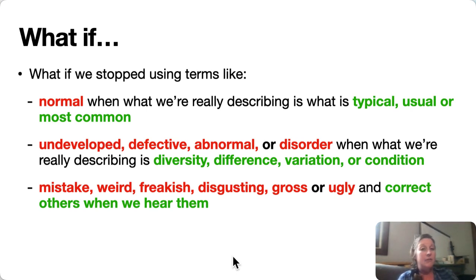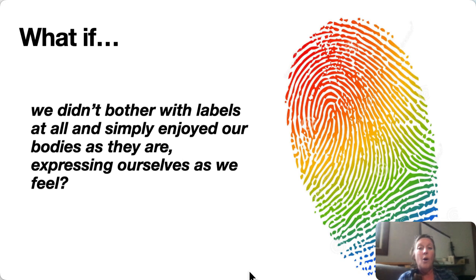And what if people stopped saying things like mistake, weird, freakish, disgusting, gross, or ugly to describe things that they don't expect? And what if we corrected others when we heard that? It'd be a much nicer world. What if we didn't bother with these labels at all and simply enjoyed our bodies as they are and expressing ourselves as we feel?